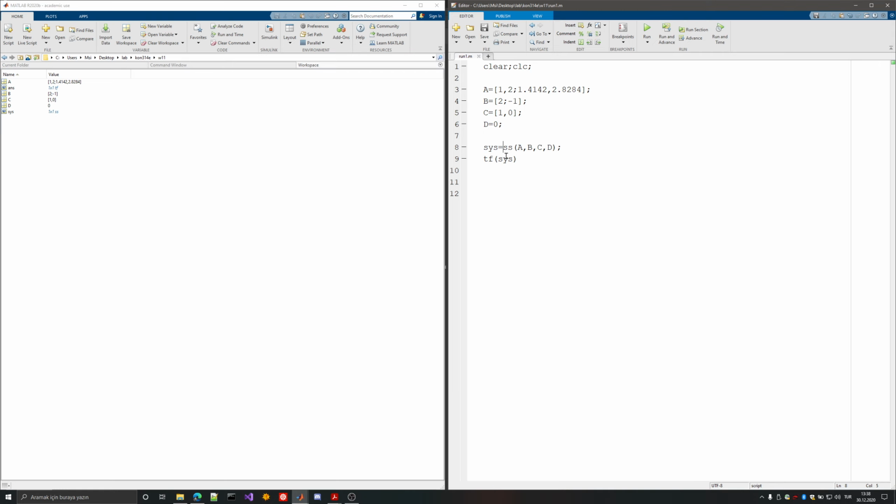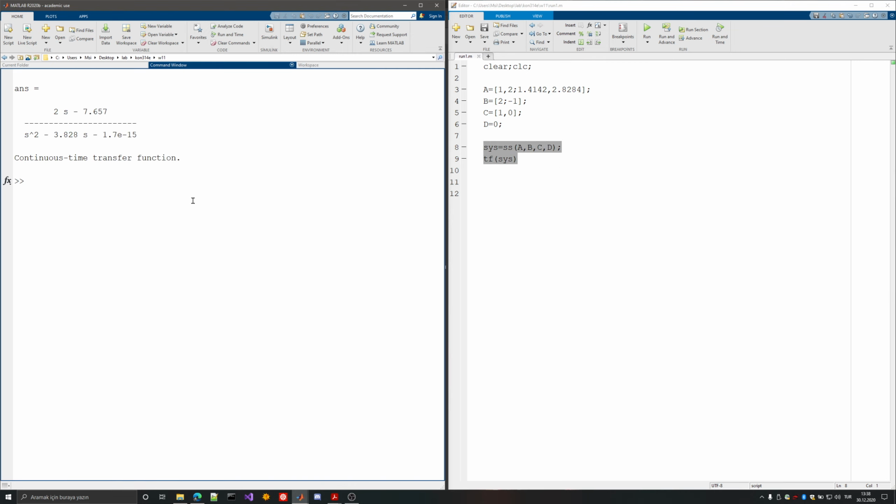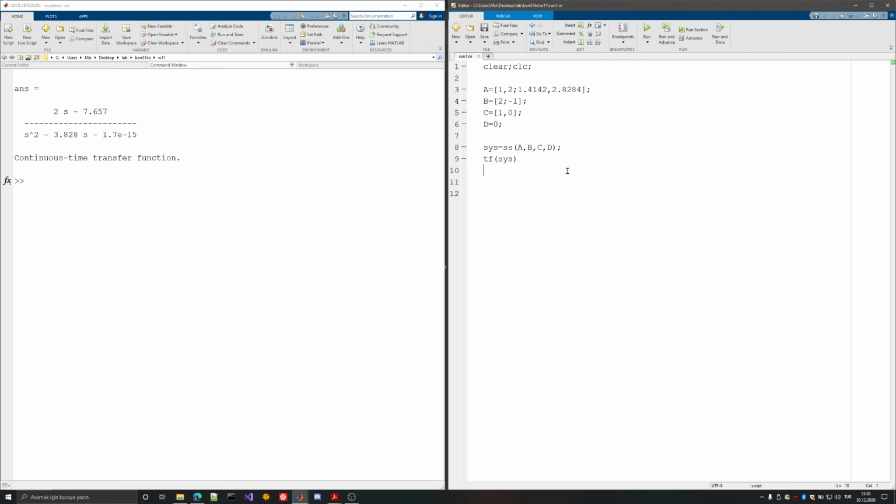If you pass it through the function TF, it will give you the transfer function. But this doesn't help us much, because this is only important when you know what you're doing. If you're a new learner, I recommend the other way that I'm going to show you now. Let's get rid of this for a moment, and let's look at the transfer function calculation manually.